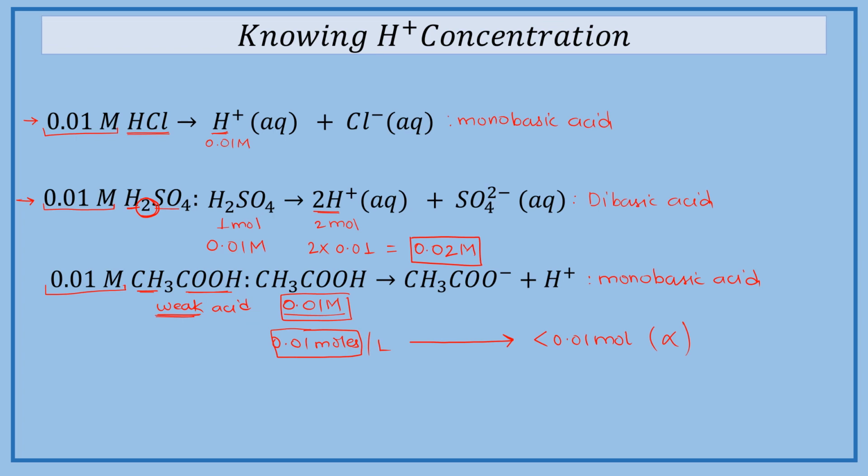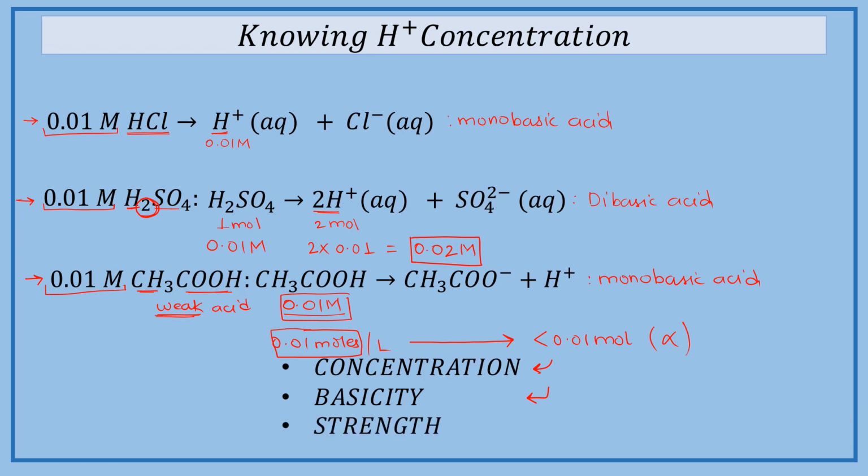So from these 3 examples we can conclude that for calculation of pH of an acid, first of all we would require its concentration, then we would also require its basicity, and finally we would require whether it is a strong or a weak acid.